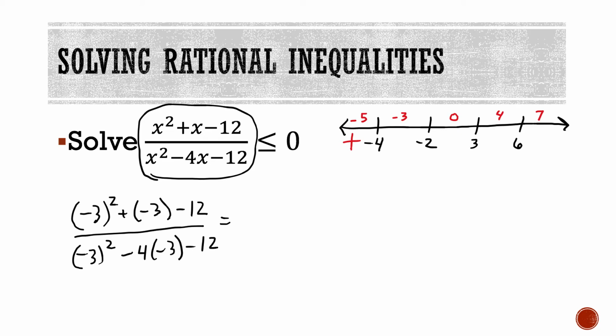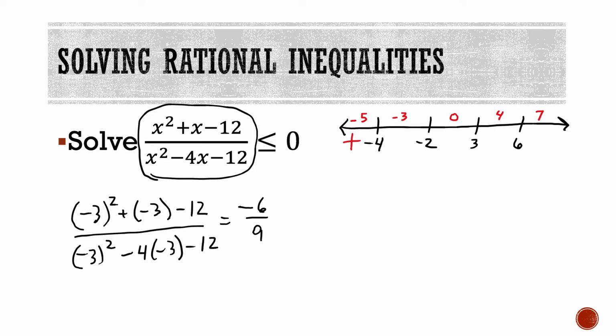So as we plug in that -3, we're going to have on the top a -6 and on the bottom a +9. So again, we're going to get a negative number there.